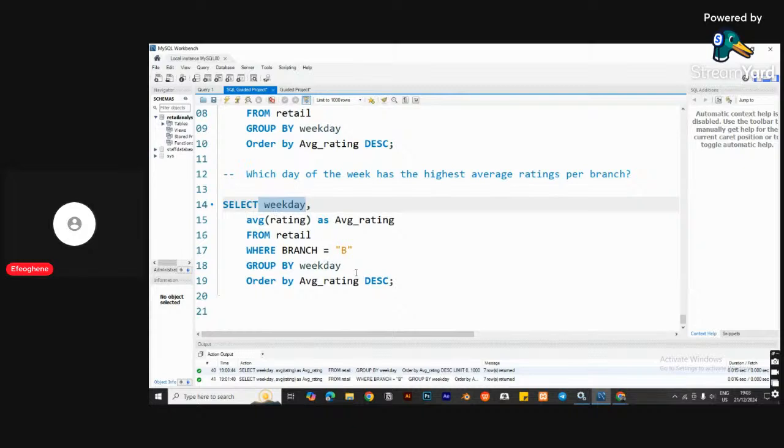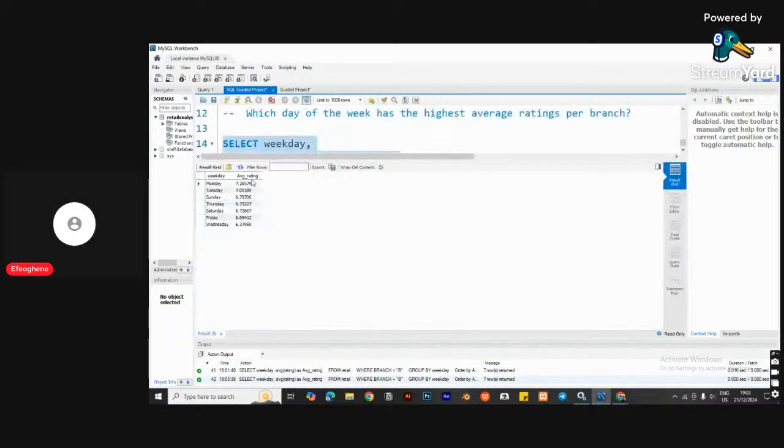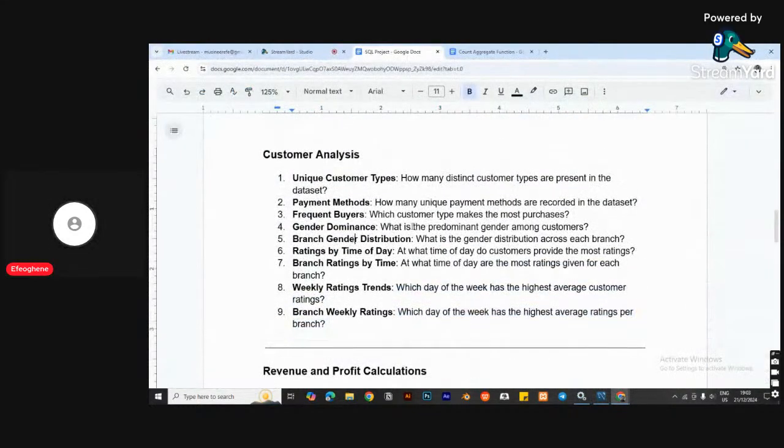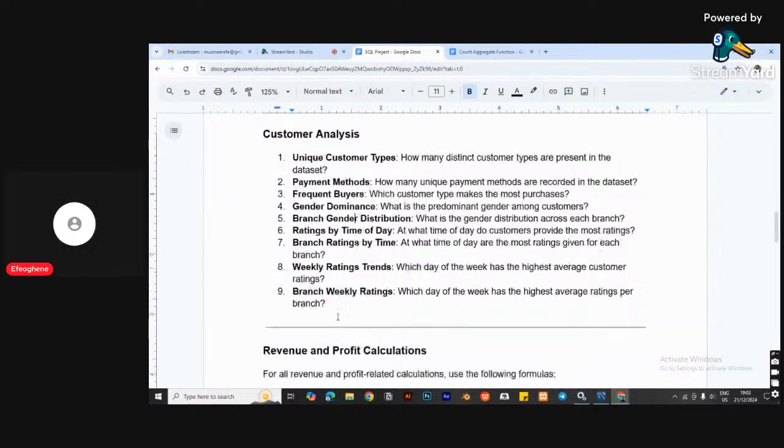So if I run this query again, you can see per branch. In branch B, we had good ratings here. It's a way of customer analysis, just to see how customers are interacting, and to help you make informed decisions.